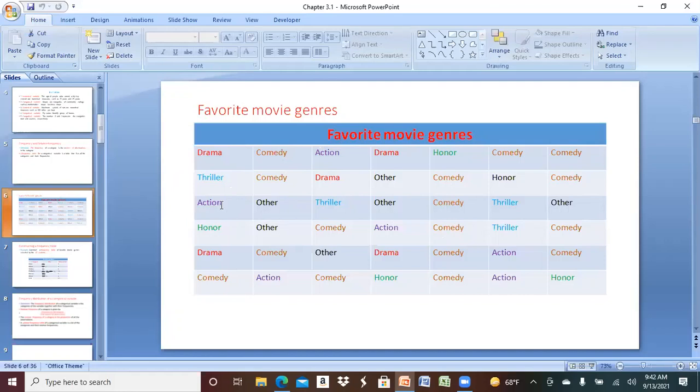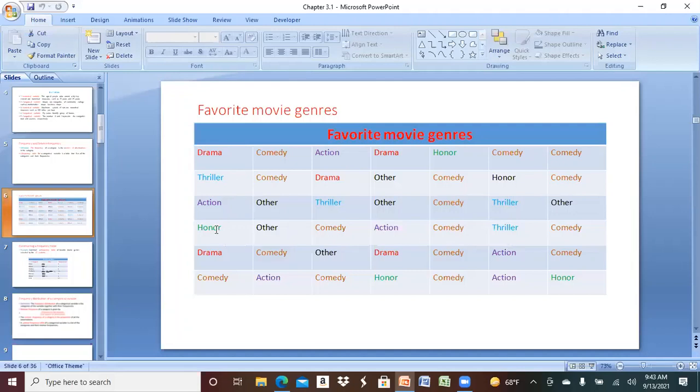And thriller: 1, 2, 3, 4. That is, the frequency of thriller is 4. And action: 1, 2, 3, 4, 5, 6. So the frequency of the action movie is 6.